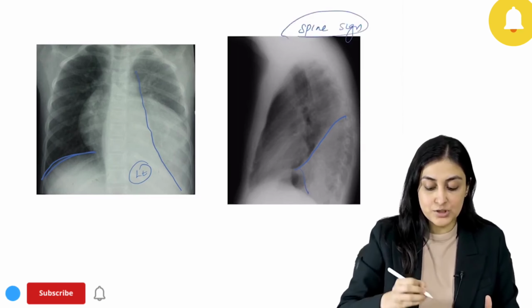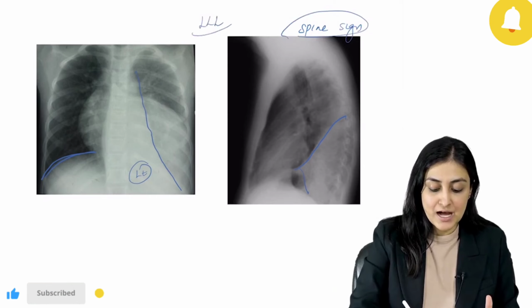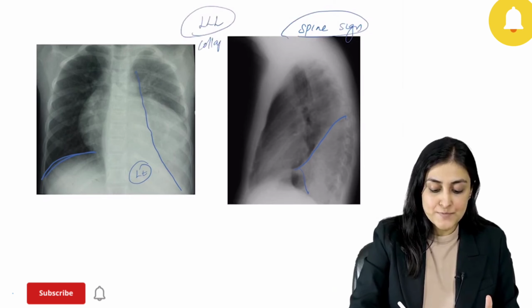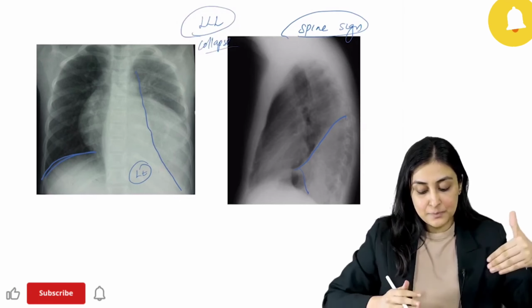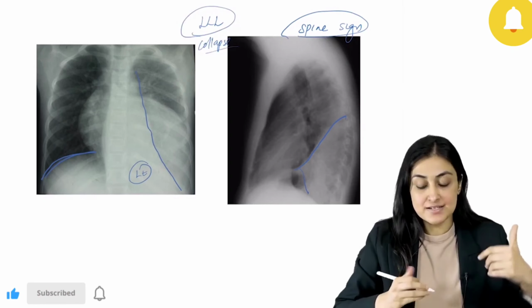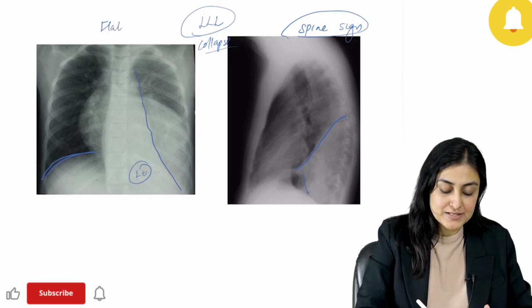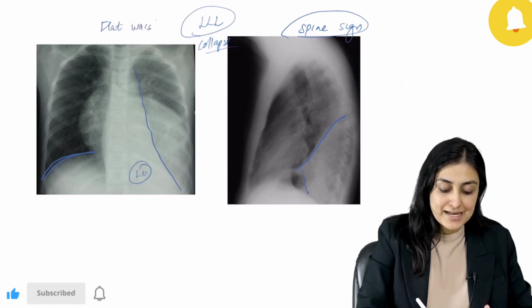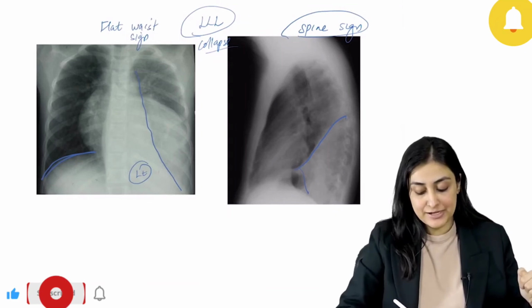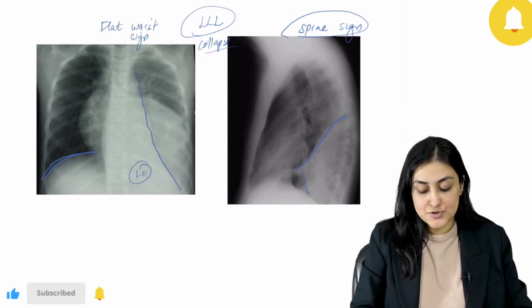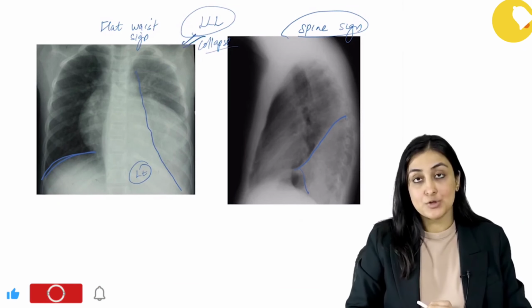This is when we localize it to the lower lobe. So this is how left lower lobe collapse or consolidation would appear. And when you have this complete flat waist kind of appearance, this is referred to as the flat waist sign, which says that this is not a consolidation, it's a complete triangular collapse of the left lower lobe. So this is your left lower lobe collapse.